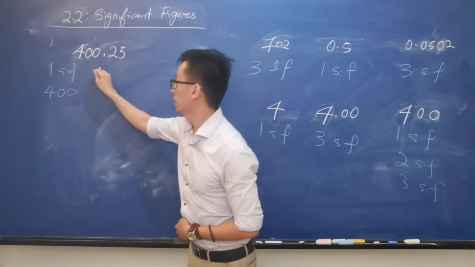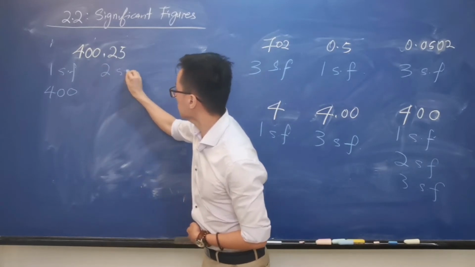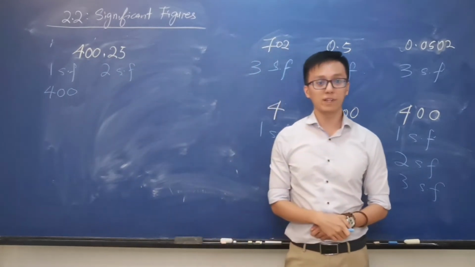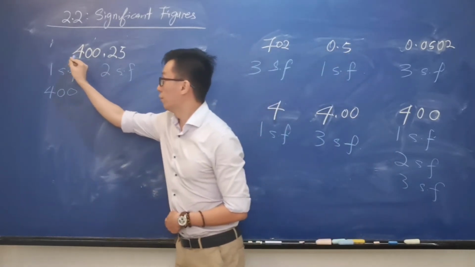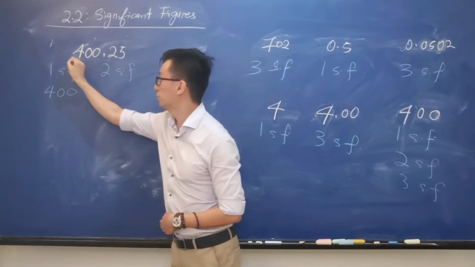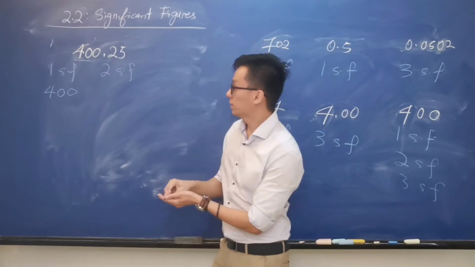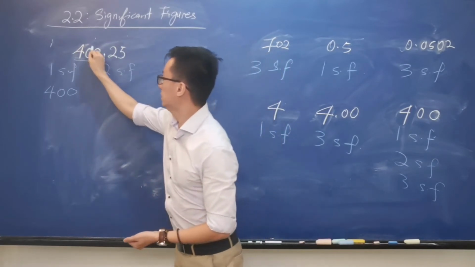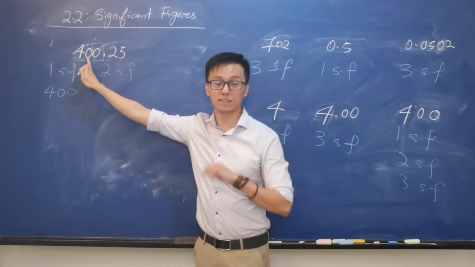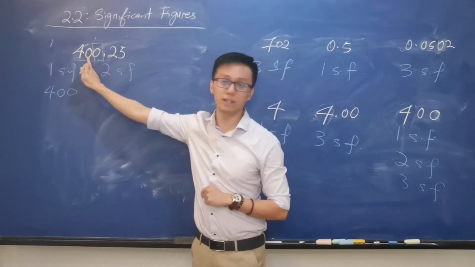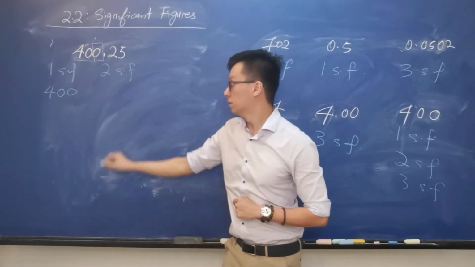So how about if it requests two significant figures? We count 1, 2, these two. Then we take this 0 to decide whether the second significant figure will remain the same as 0 or we add 1 to it to turn it into 1.